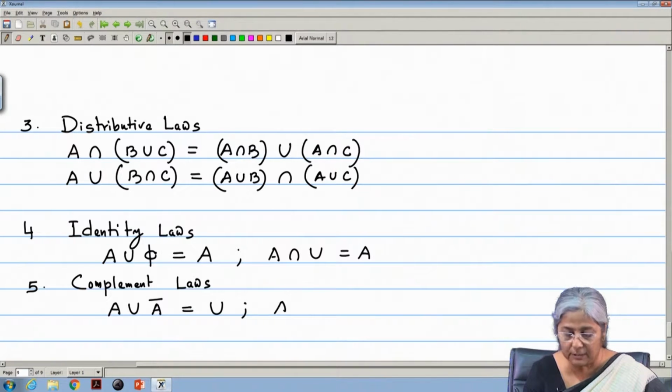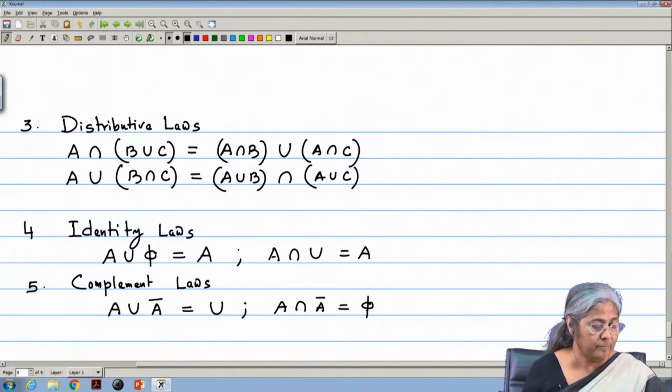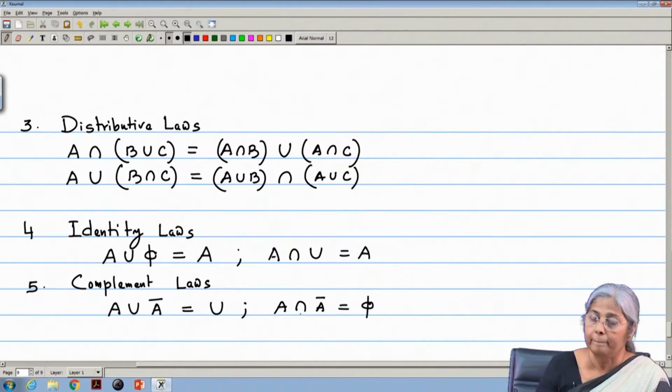Similarly, if I take A intersection A bar, then this is actually a null set, because A and A complement are disjoint sets having no common elements.